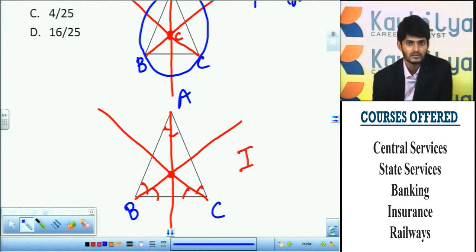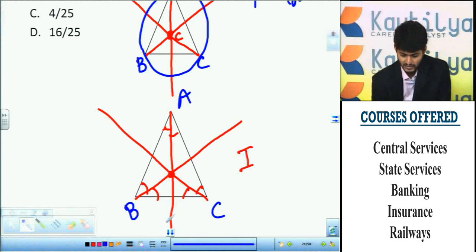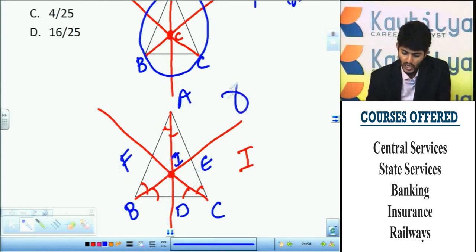Now what is your inradius? It is the distance between the point of intersection and the sides. Let us say these points of intersection are D, E and F. The moment you measure ID, IE and IF, it is denoted by using small r, which is your inradius.